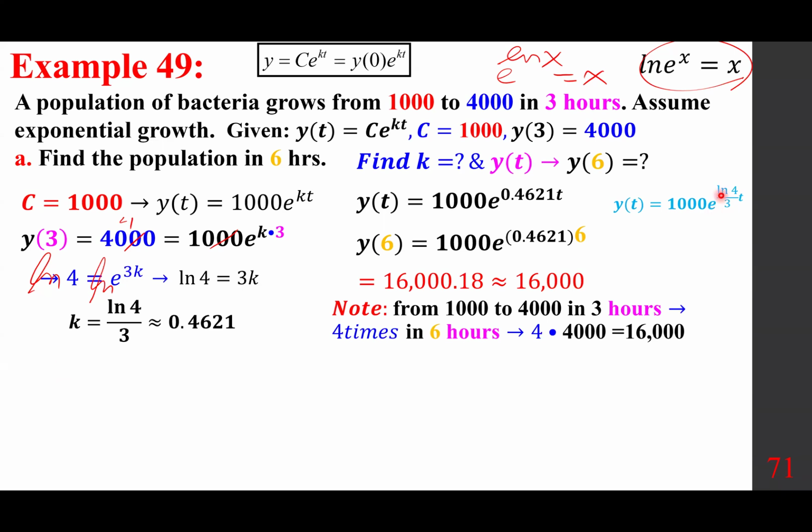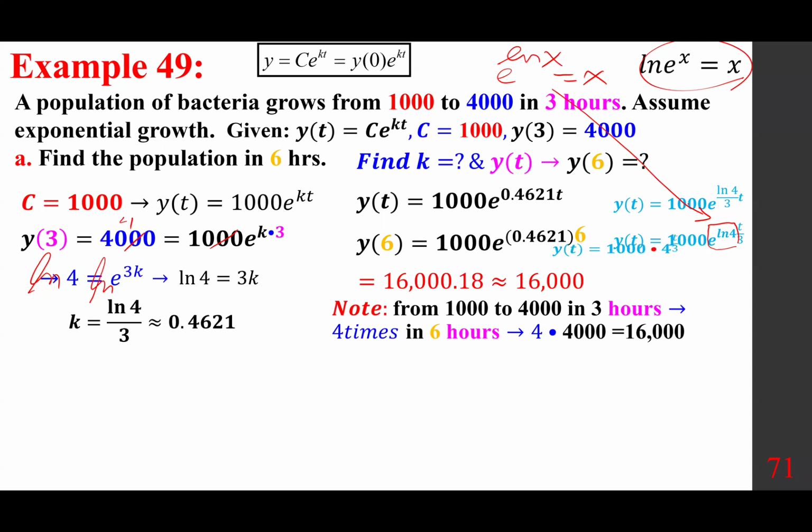And so this one is e to the power of ln4 times t over 3. Please understand, we can play with this and write it as e to the power of ln4, to the power of t thirds. And what is e to the power of ln4? It's 4.